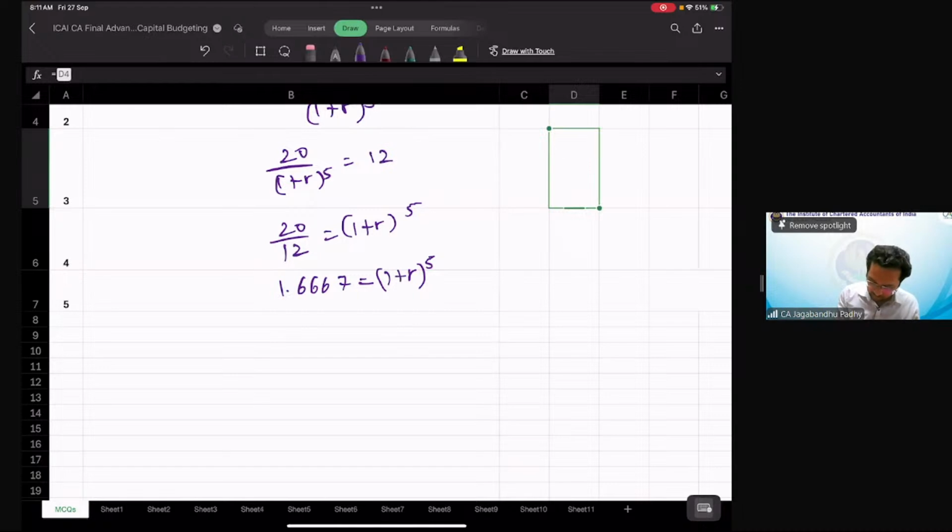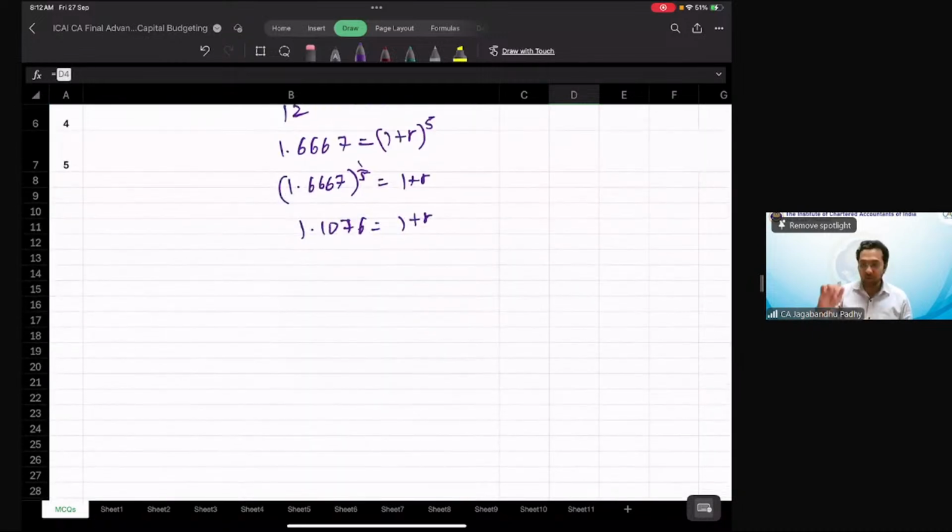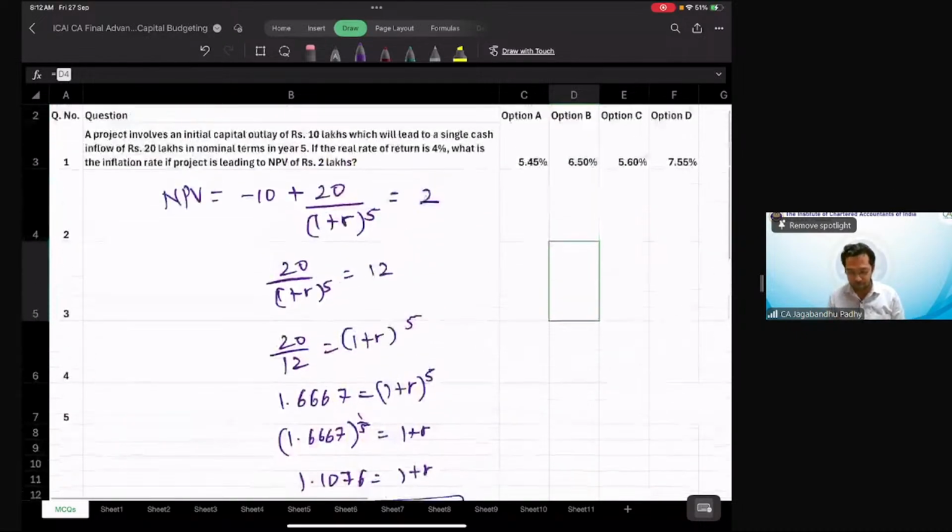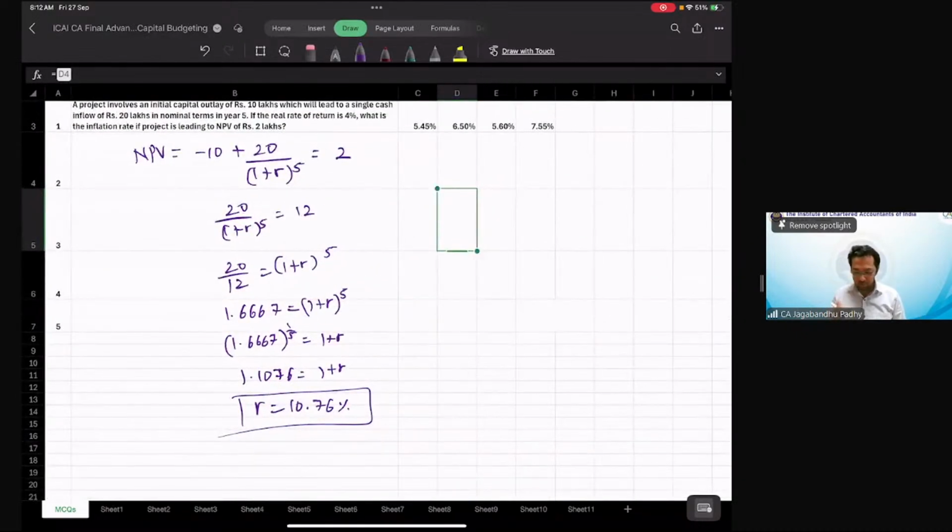So we need to first get 1.6667 raised to 1 by 5 equal to 1 plus R. So the fifth root is going to be 1.1076, which is 1 plus R. So R will be 10.76%. So the rate of return is 10.76%, at which you would have computed the NPV.